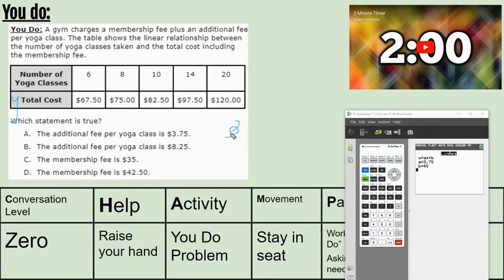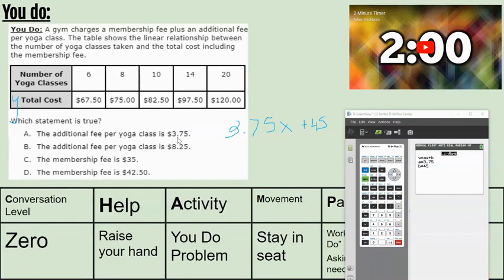So anything that has per each anything always has the variable attached to it. And remember I talked about that in our equations unit. Same thing for slope. And then our starting amount is going to be $45. So that's how we write the equation. All right, so here I can go through. The additional fee per yoga class is $3.75.